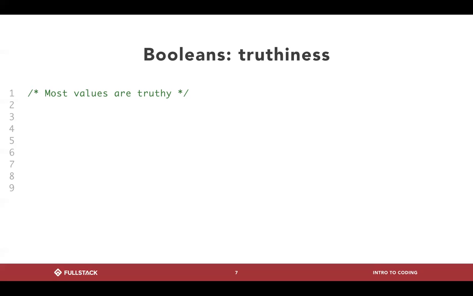And one of the big things that it does, as an example of that, is coercing values into Boolean values, coercing the number 1 into either a true or false. That's what truthiness is. It's this idea that certain values will always coerce to true, while other values will always coerce to false.